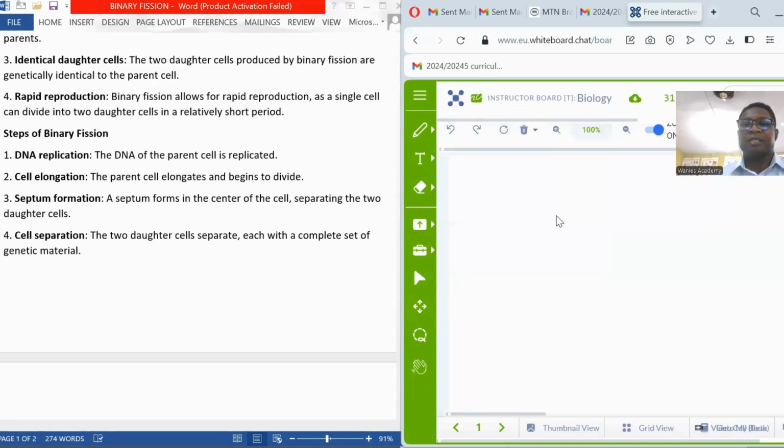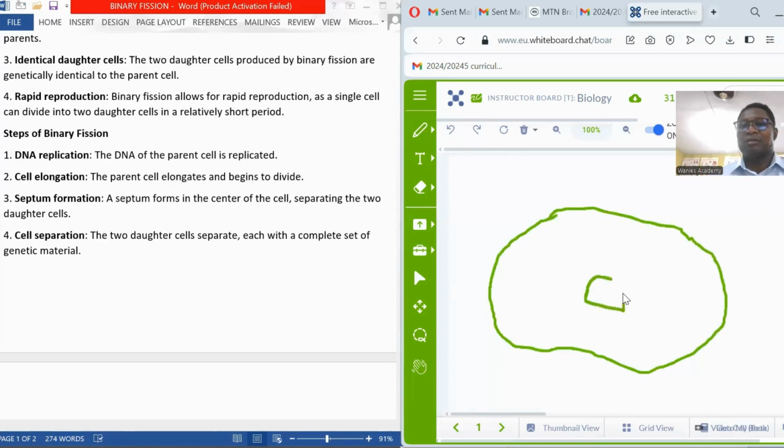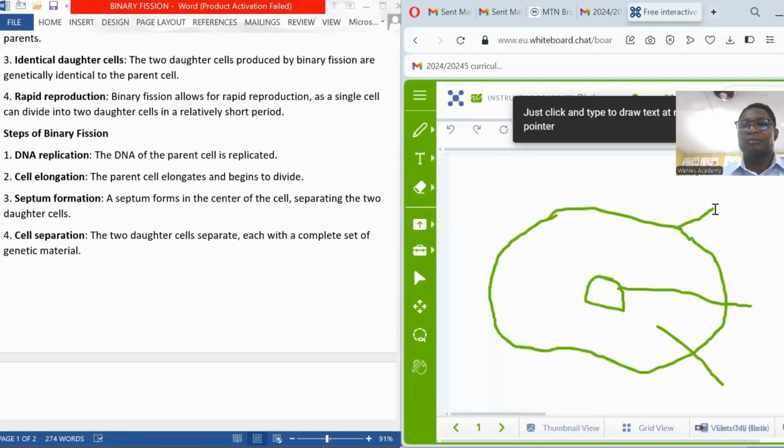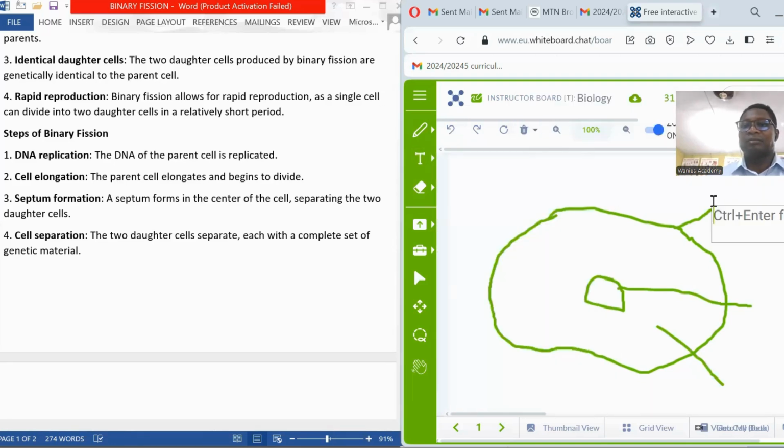Now, this is the amoeba cell. You know, amoeba is a shapeless and irregular organism. That's the cell membrane.